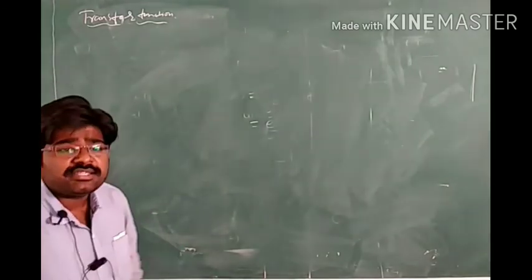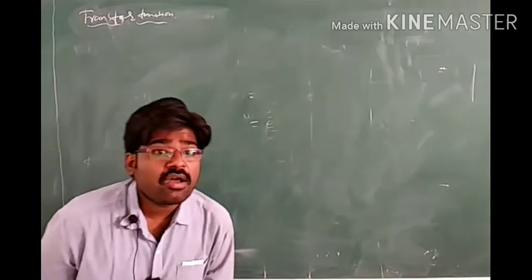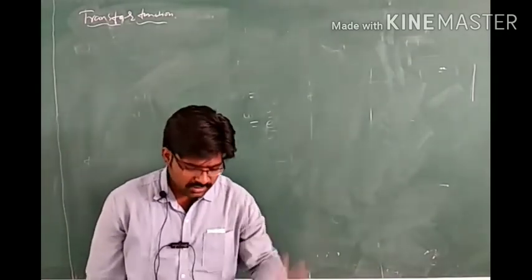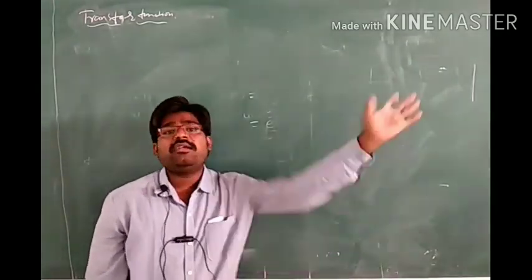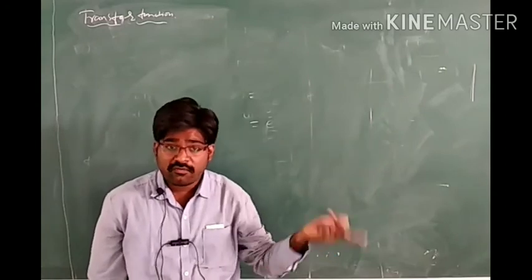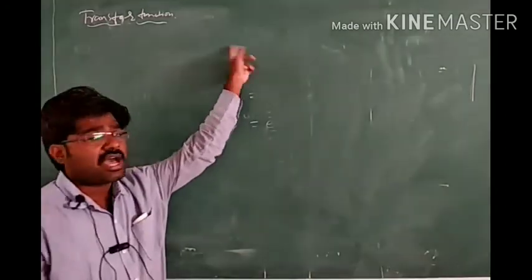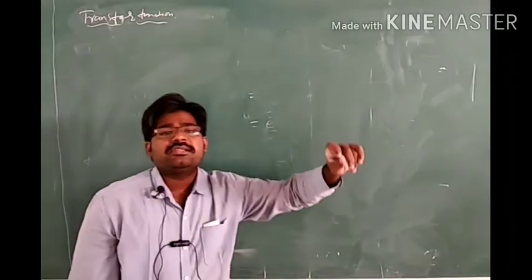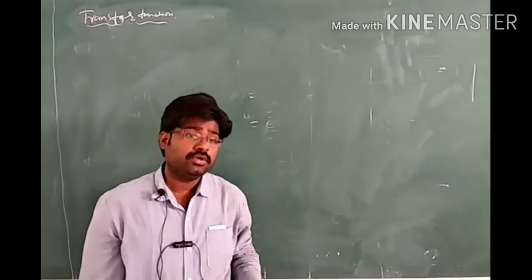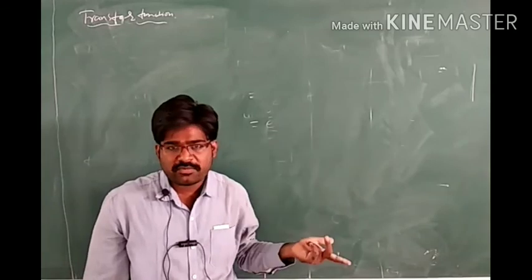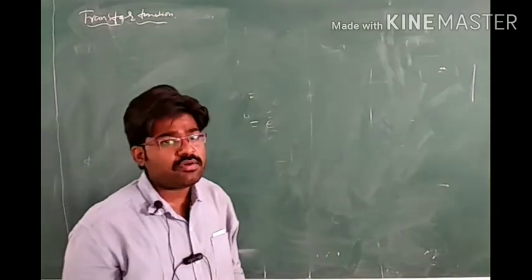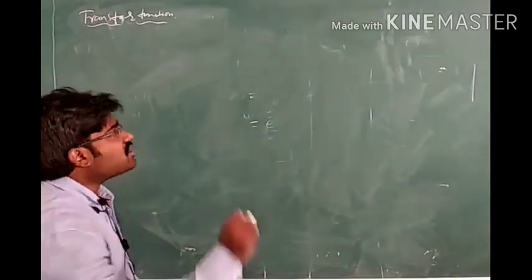So it is defined as the Laplace transformation of... I already told you, everything we use here or represent here is in Laplace transformation only. That is why transfer function is defined as the ratio of the Laplace transformation of output to the Laplace transformation of input. That is called the transfer function.